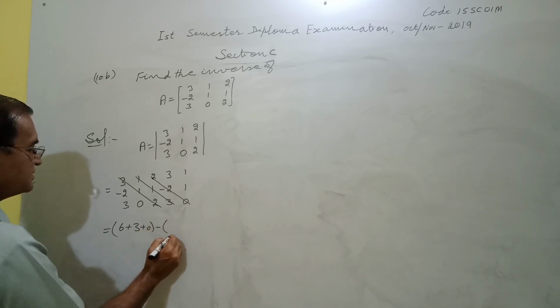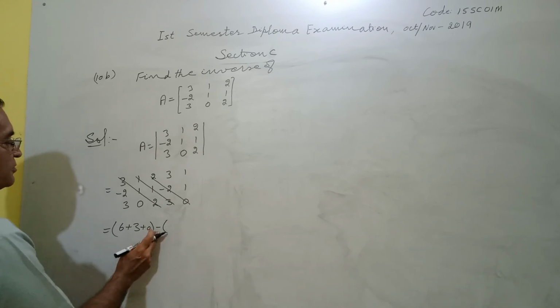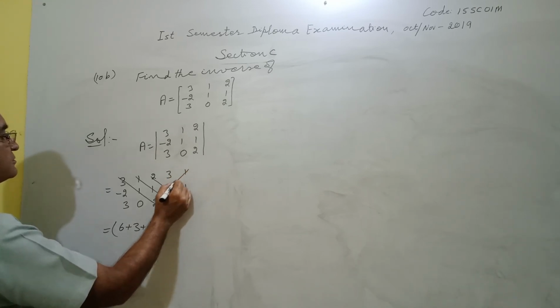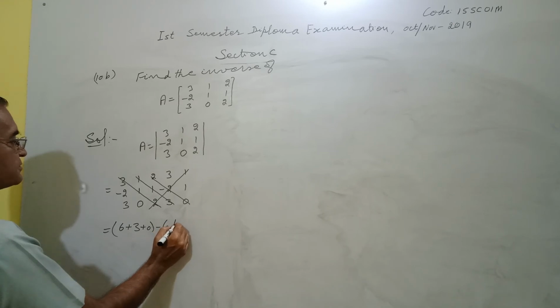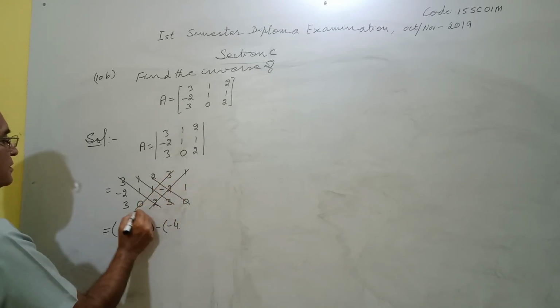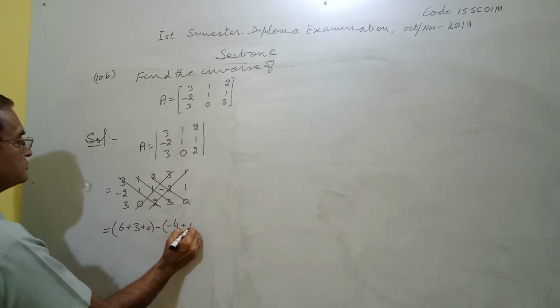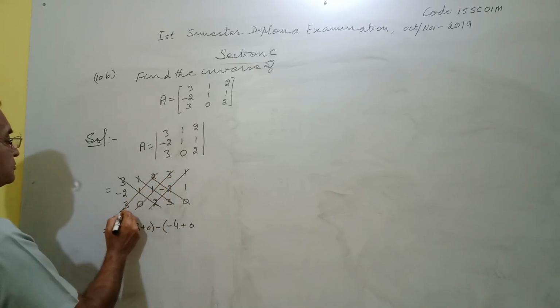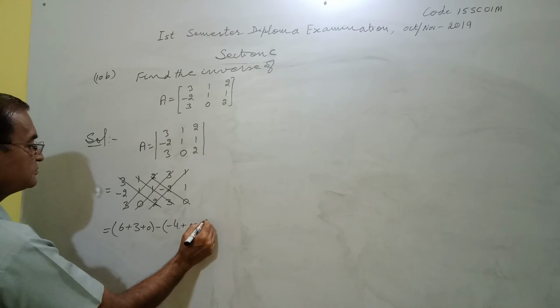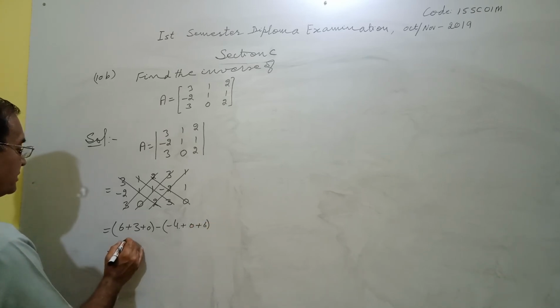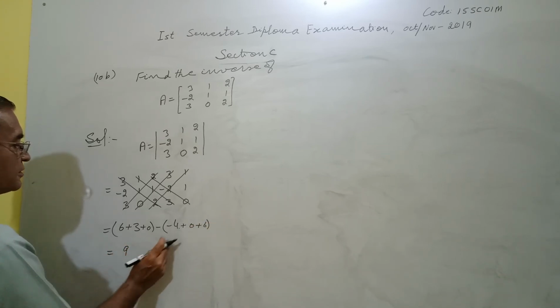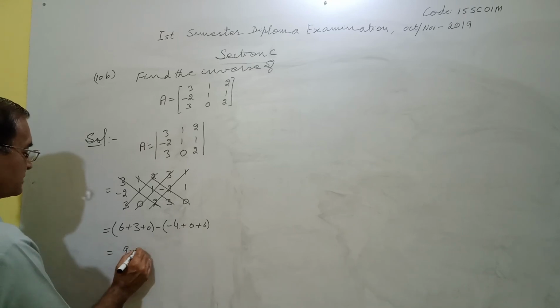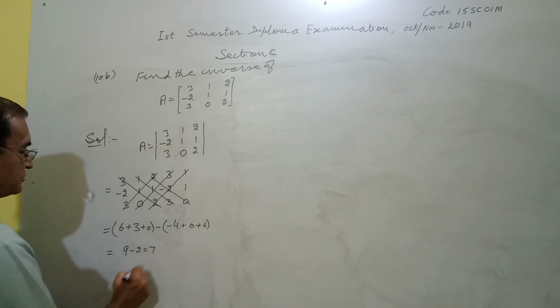If you feel that one is easy, you can apply that. Minus secondary diagonals: minus 4, 0, plus 6. So which will come out to be 9 minus 2, that is 7.